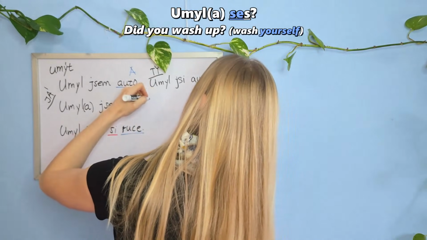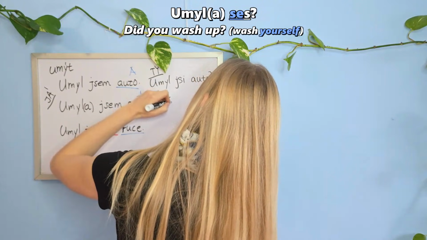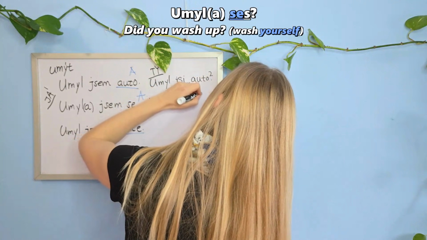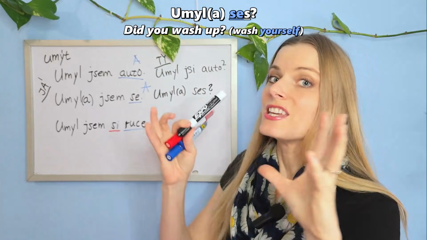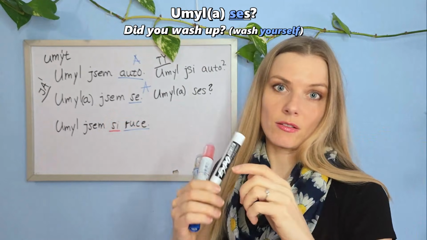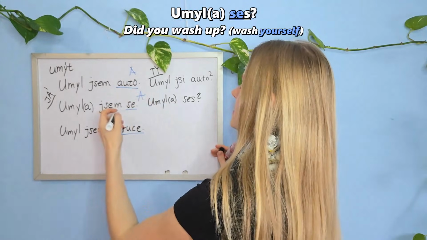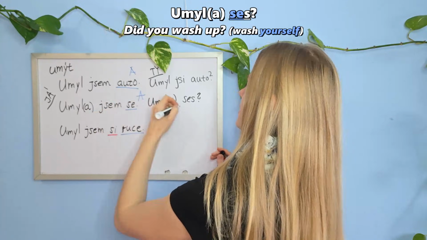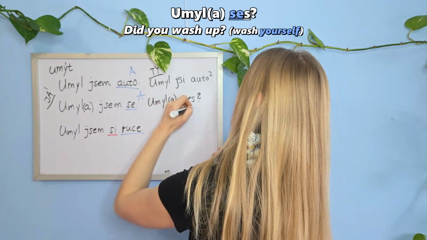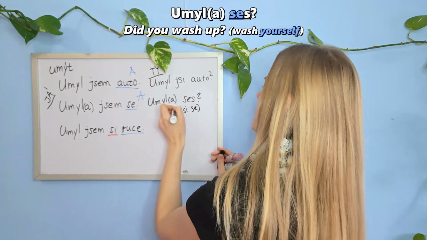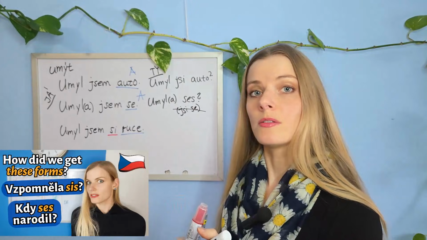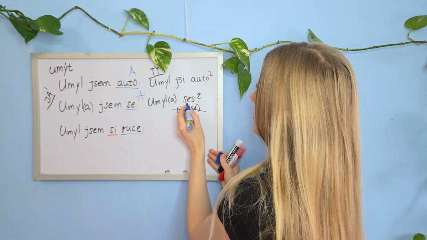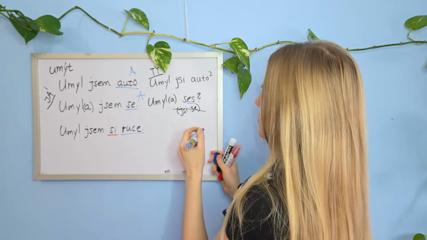You ask a child, we say umyl or umyla ses. What is ses? Ses is si and se together. Because in past tense it would be si and then se, which is incorrect. Si se should not be said. It contracts to ses. I have a video about it, as I said before. So it's actually a contracted form, se and si together.